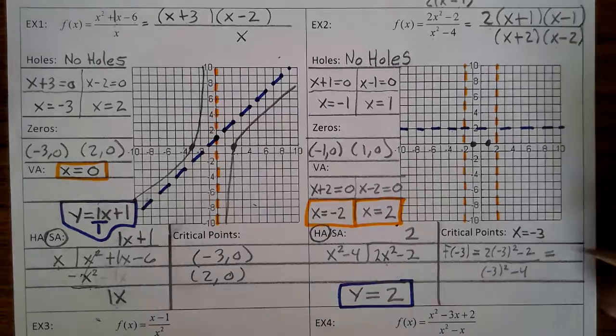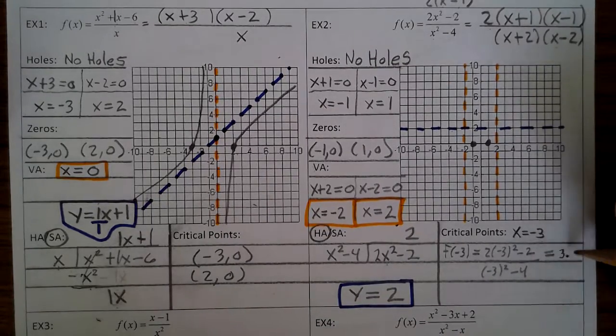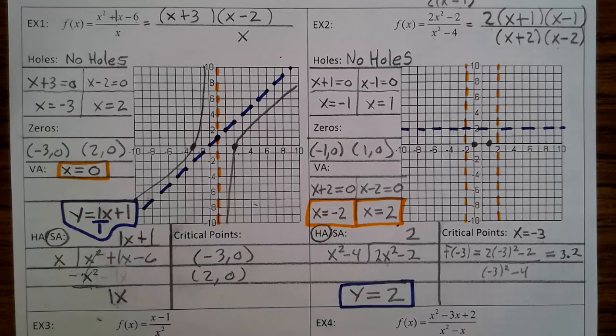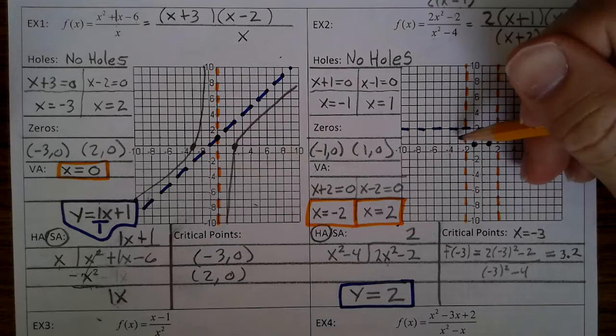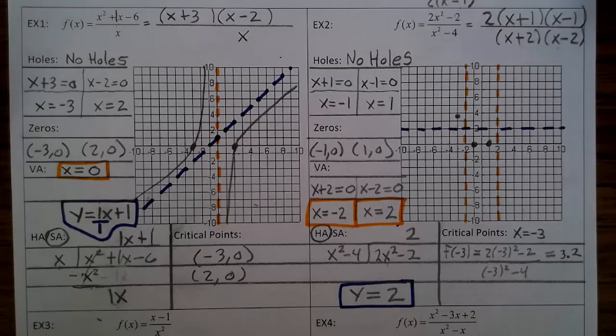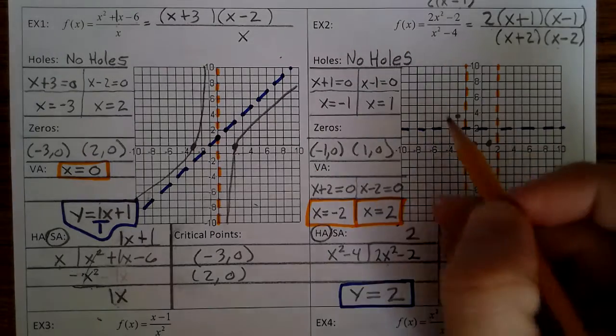So our point is (-3, 3.2), which is about right there. Now, why that's critical is because that tells us now the curve is right there.